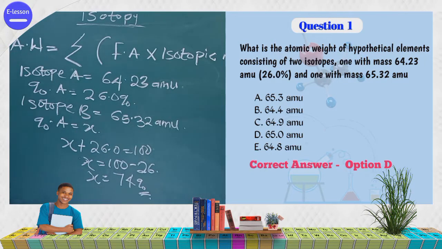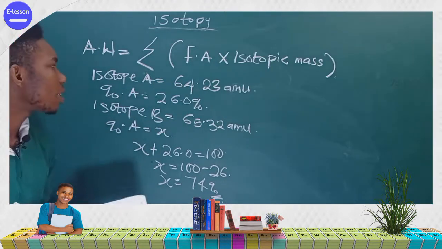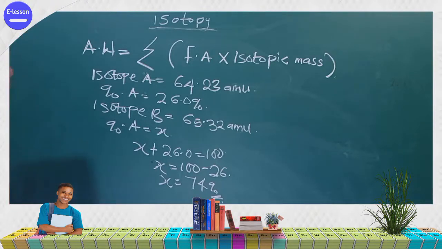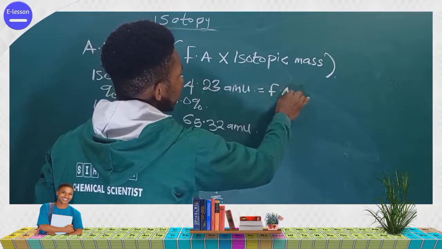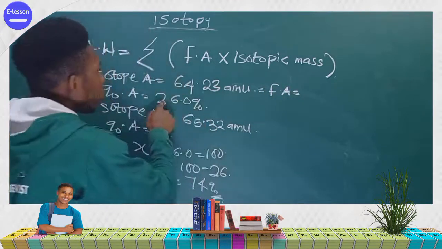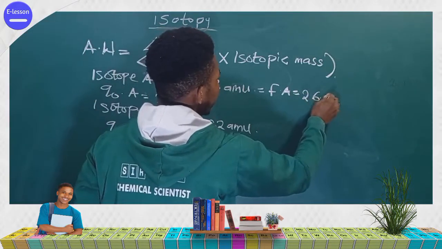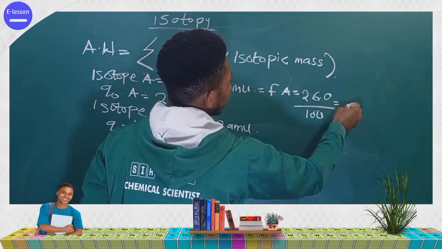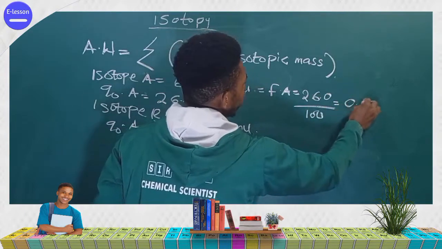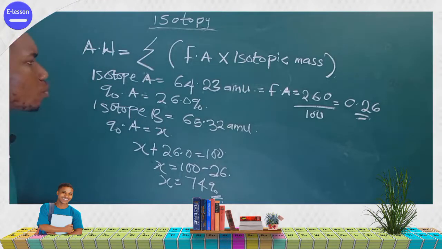Now, let's calculate the fractional abundances of each isotope. We said the fractional abundance is percentage abundance over 100. For isotope A, the percentage abundance is 26.0 divided by 100, which gives 0.26. So the fractional abundance of isotope A is 0.26.